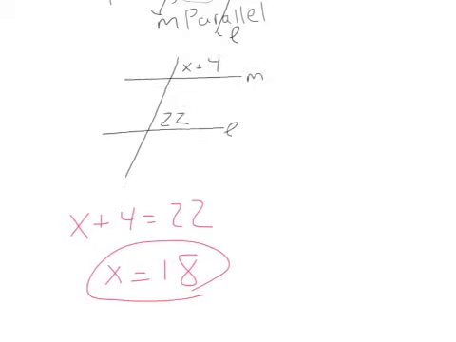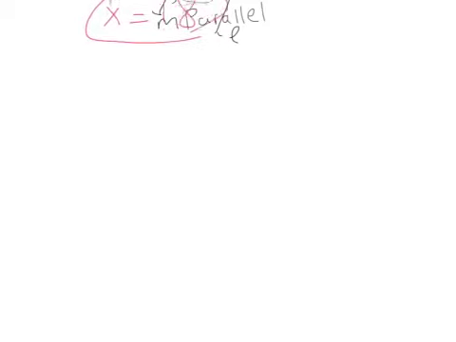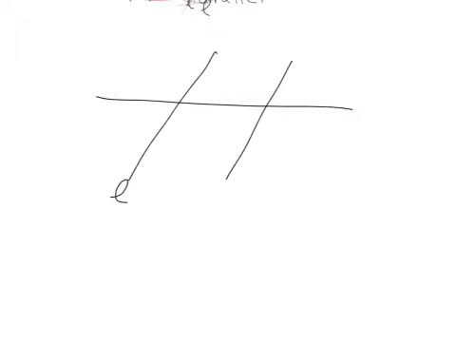We can use corresponding angles, but remember, you're not always setting everything congruent to each other. Let's say we had this situation. Let's say we also had lines L and M, and we had 2x, and here we had 40. And what value of x would make lines L and M parallel? Well, looking at these, they are consecutive interior.